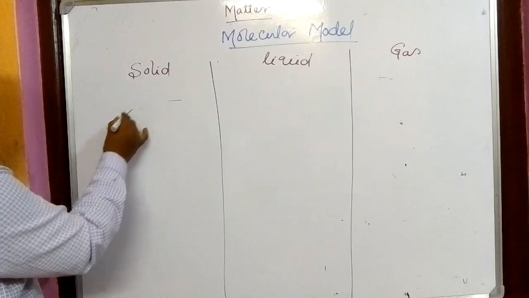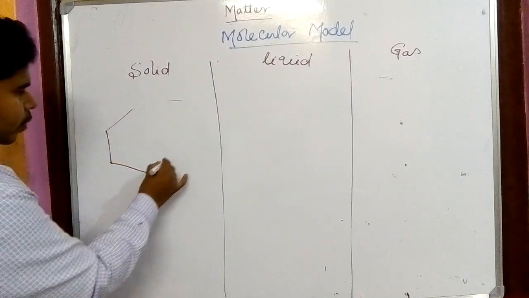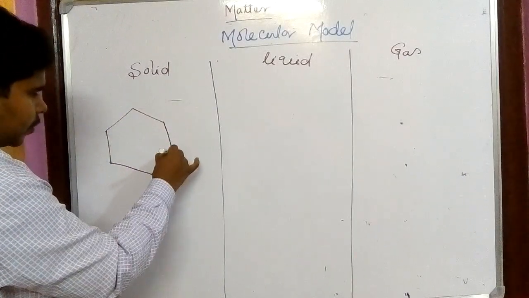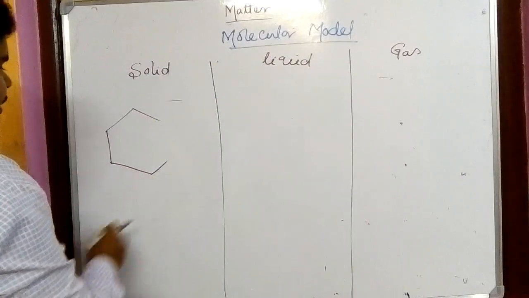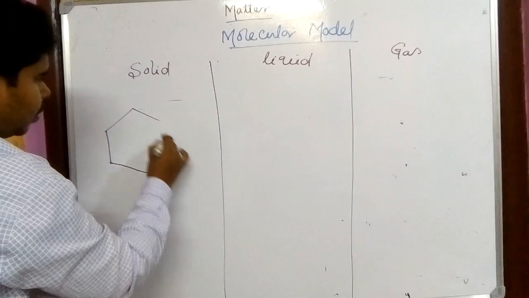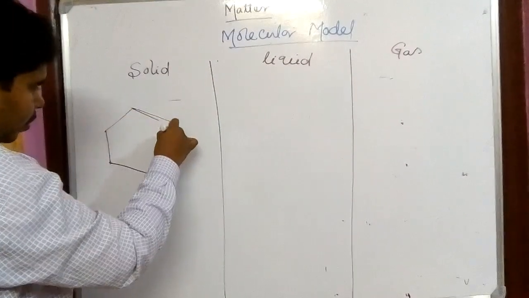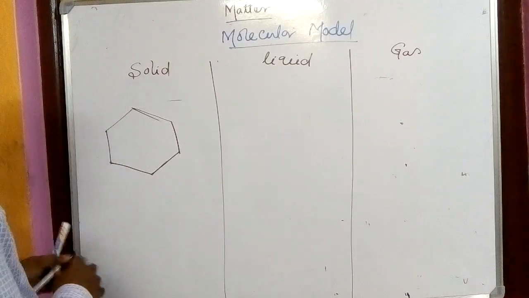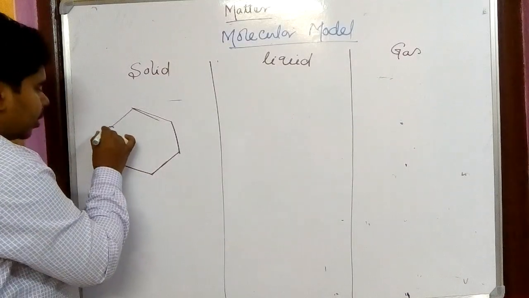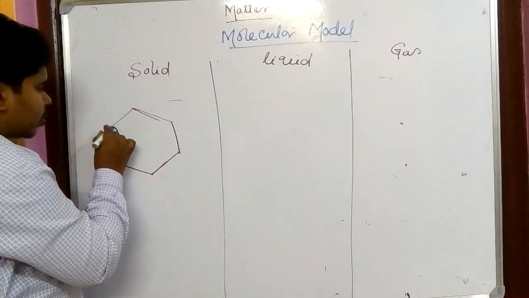This is a portion of a solid. How the molecules are arranged inside it, let's see. If I'm talking about the arrangement of the molecules inside the solid, they are very much close.